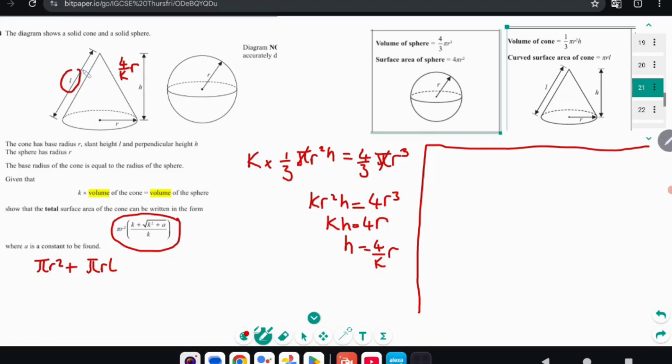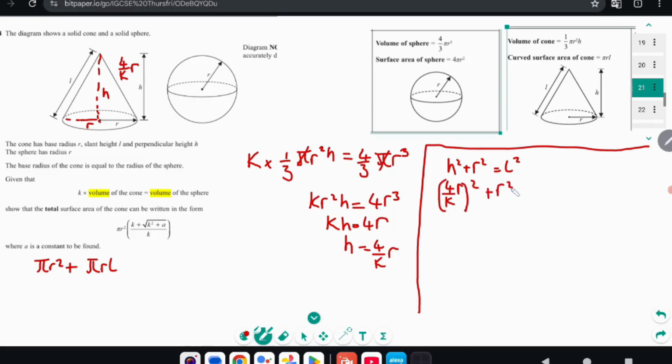I'm going to find l in terms of h and r using Pythagoras. h squared plus r squared equals l squared. h is 4 over k r. 4 over k r times 4 over k r is 16 r squared over k squared.